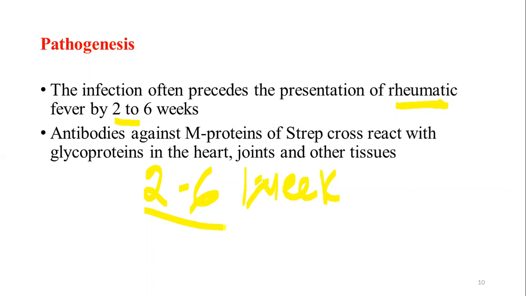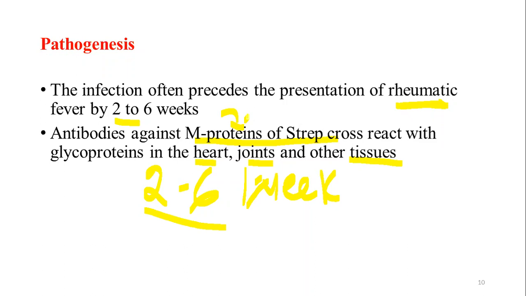So the antibodies against the M proteins of the microorganism can cross-react with the glycoprotein in the heart, joints, and other tissues. That is why the antibodies produced against M protein can destroy the heart valves, can destroy the joints, and can also affect the brain. That is a major problem with this condition.